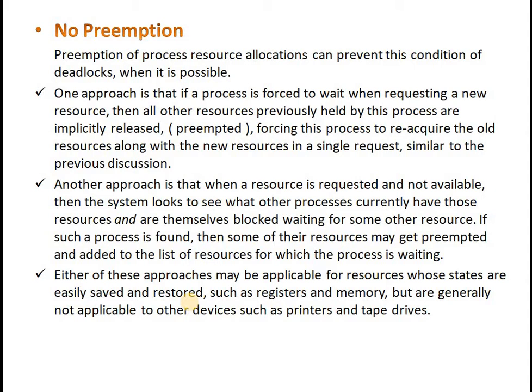Means forcing this process to acquire the old resources along with the new resource in a single request, similar to the prevention of hold and wait. Guaranteeing a situation where the no preemption condition is not met is very difficult.